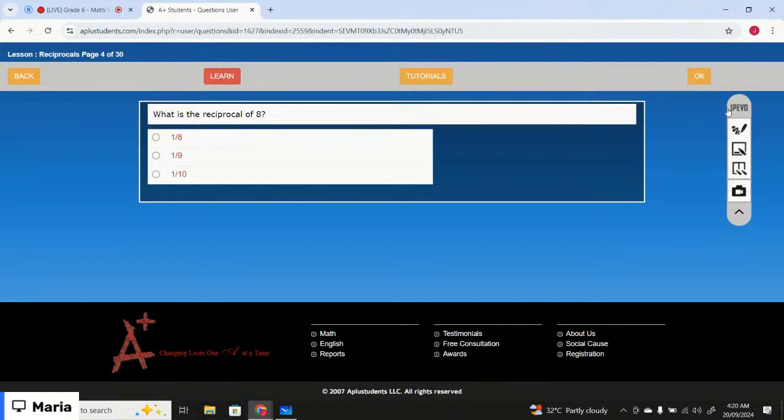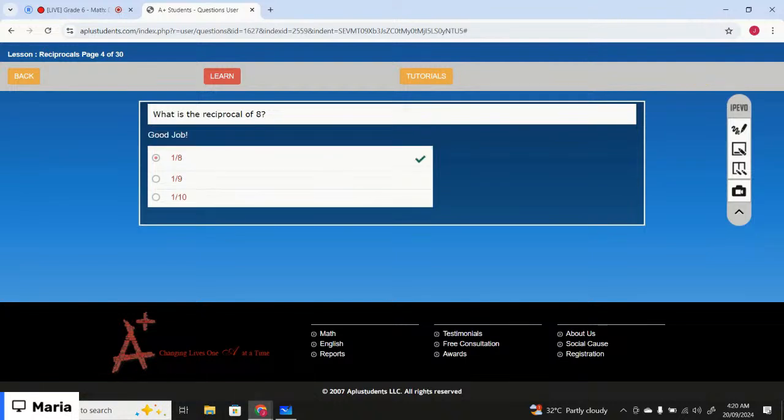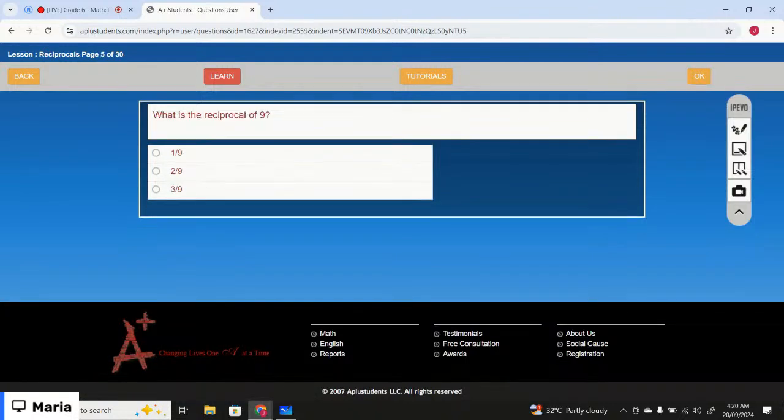That is 1 over 8. What is the reciprocal of 9? Yes, that is 1 by 9. Option number 1 is the correct option.